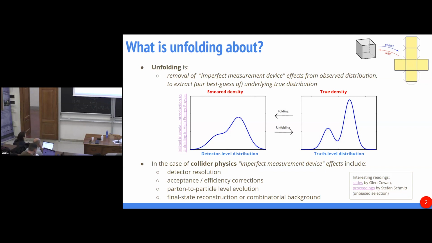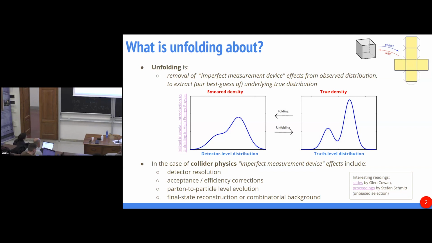Then if we go to collider physics, these smearing effects can come from different sources. Sometimes we say unfolding means removing detector effects. But detector effects don't mean only detector resolution, so how well we measure the electrons, muons, or jets. I think we have an example, for instance in the ATLAS measurement, where these detector effects are also reconstruction effects.